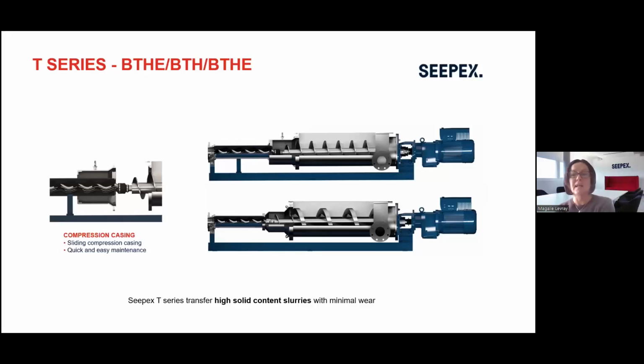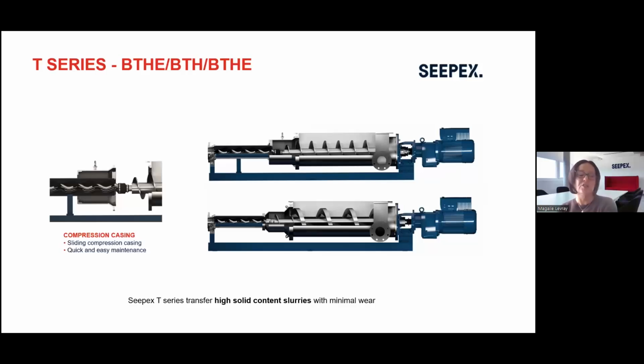We will adapt the material. Here, for example, you can see we have different feeding screws, such as an open screw that we will use when we have dewatered tailings that could bridge. So we have different constructions available.